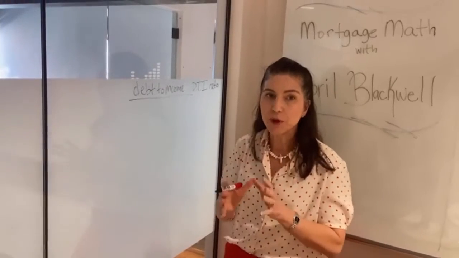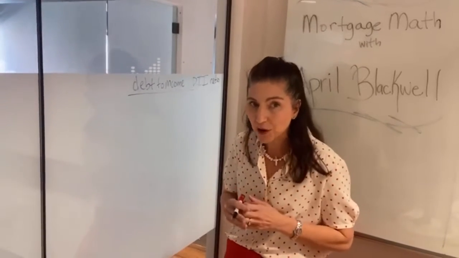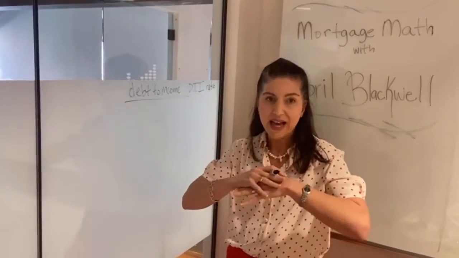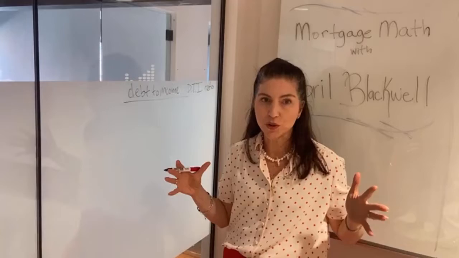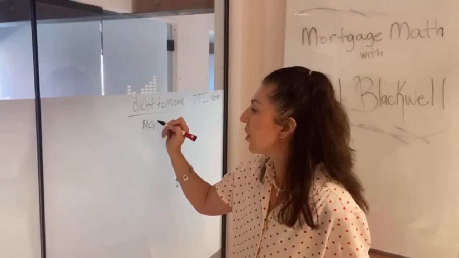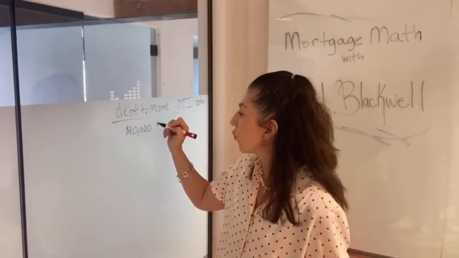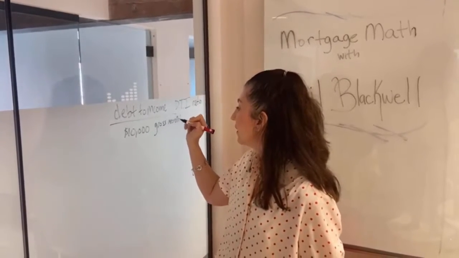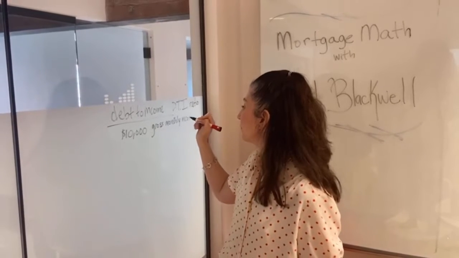Now, for today's purposes, I'm going to calculate the debt to income ratio based on a simple math that I can do without a calculator of $10,000. This is gross monthly income.